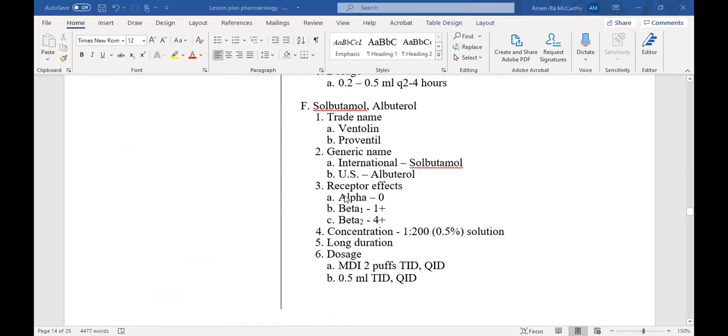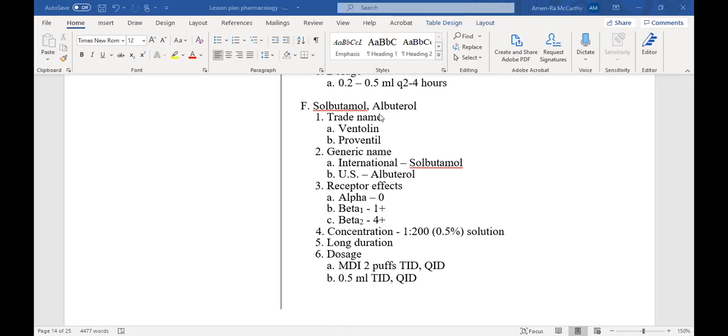All right. The one that everybody knows, salbutamol, aka albuterol. Now, the reason why we say it is because albuterol is the generic name in the United States. Okay? Internationally, albuterol is known as salbutamol. Just like the green tank in America is oxygen, everywhere else in the world, oxygen is white.